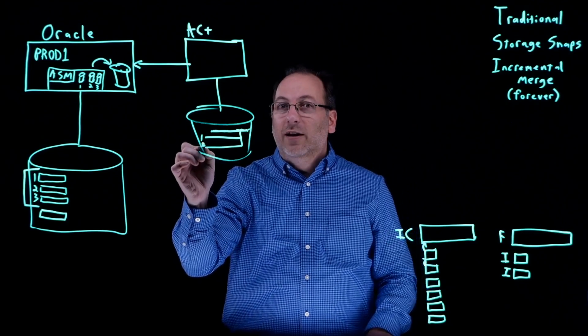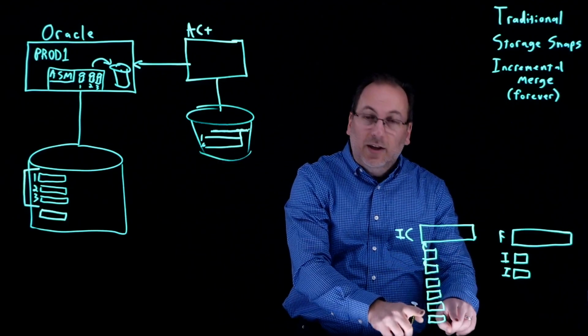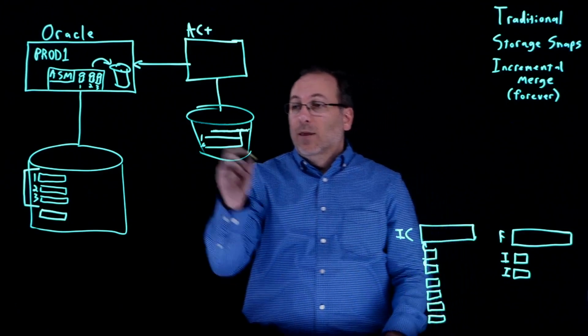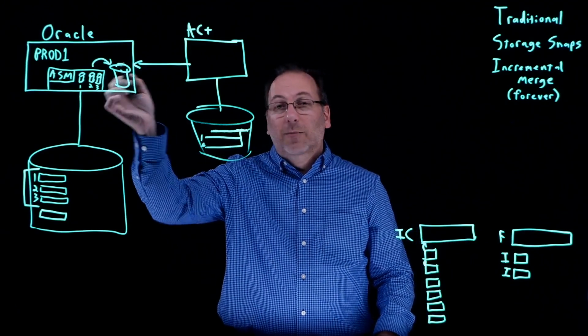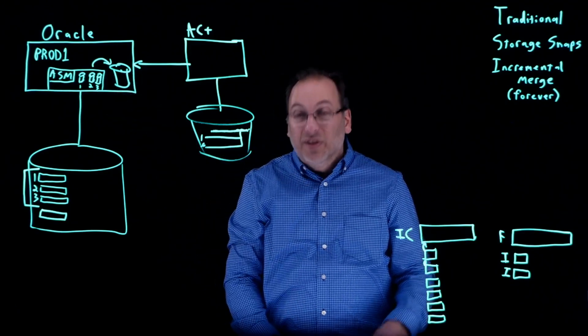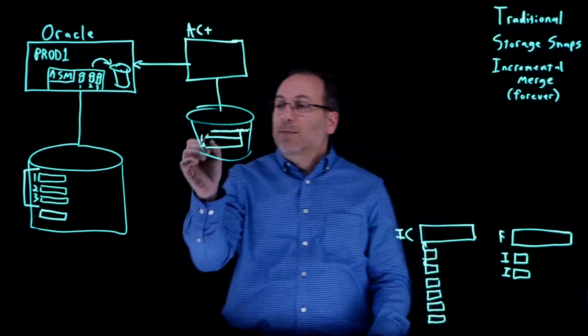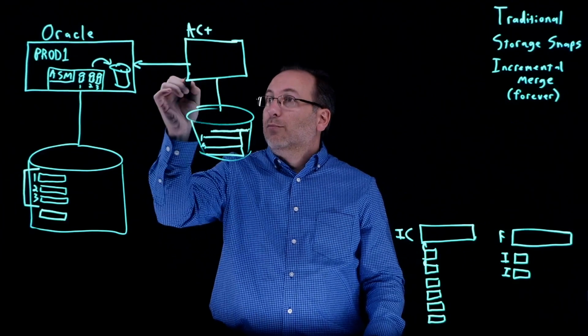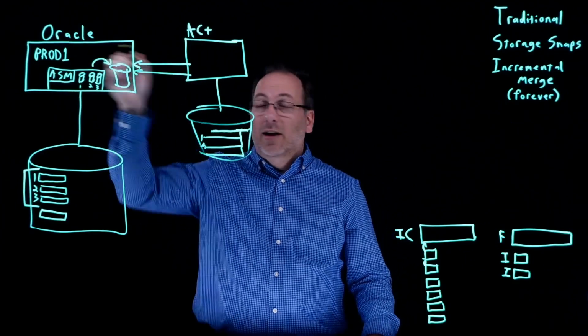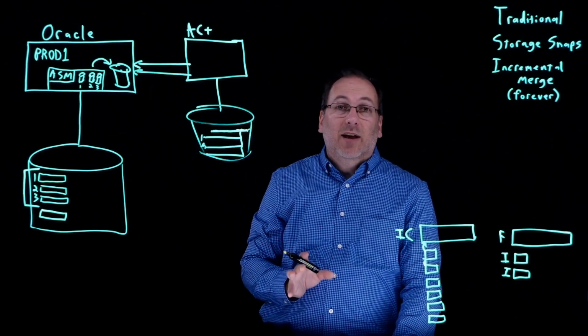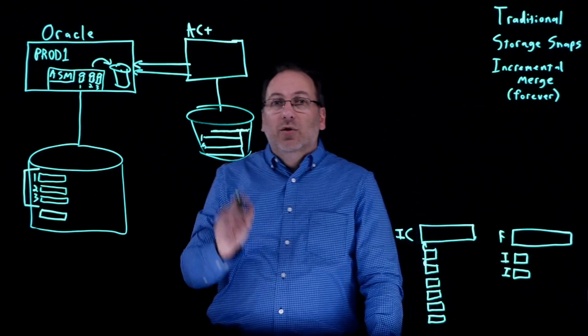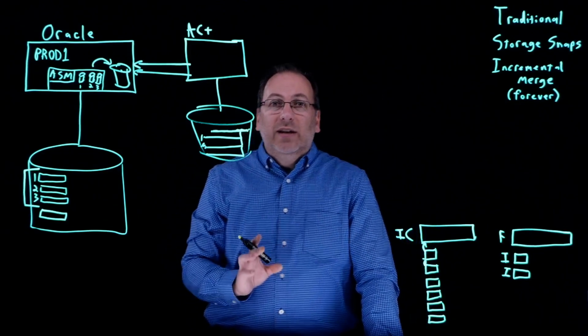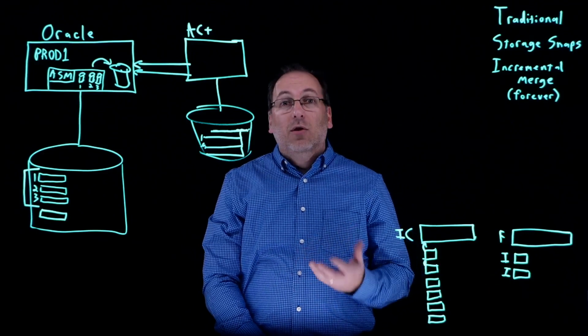So rather than rolling in the incrementals at the time of recovery, we're effectively rolling in the incrementals at the time of backup. What this allows us to then do is say, any point in time that you want, you can simply select it, present it back to an Oracle server, and bring that database online right away. We also implement it in such a way that we can integrate with Oracle ASM.